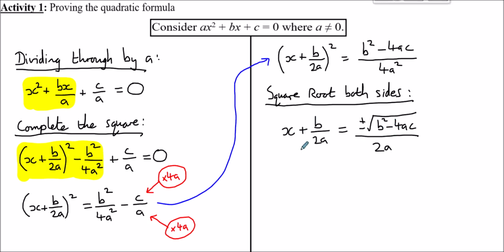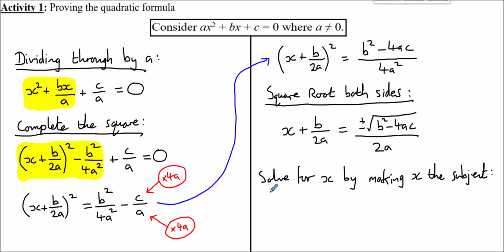But we've still not got x as the subject. And so we can solve for x by making x the subject. Just bear with me as I write very slowly. I apologise if I seem too slow. So just subtract b over 2a from both sides, and as you can see here, conveniently, we already now have a common denominator of 2a.